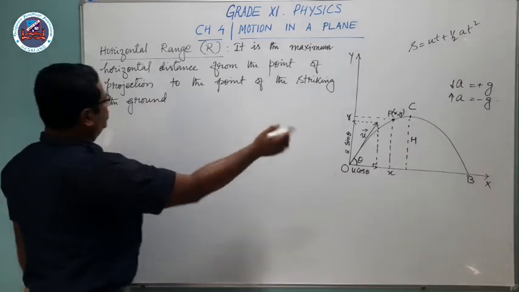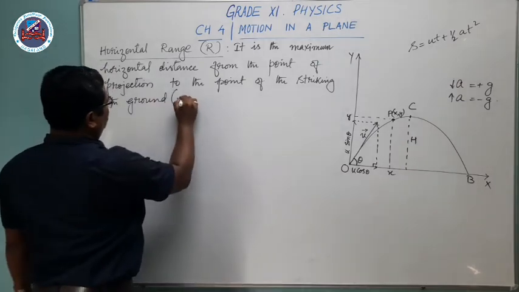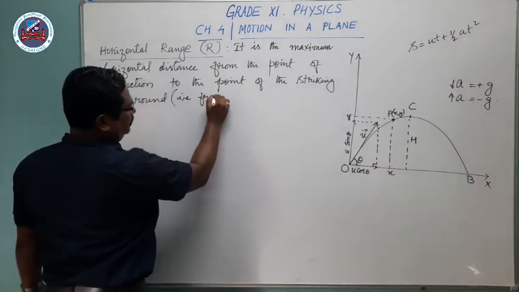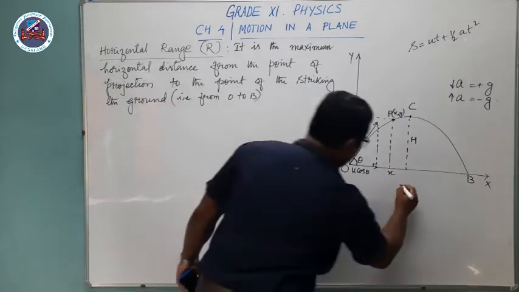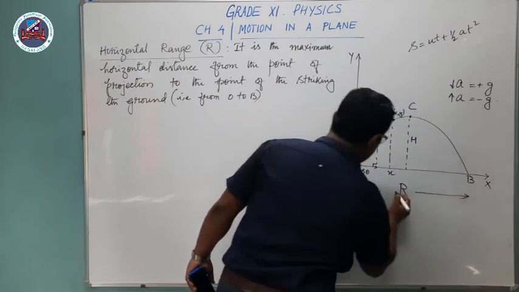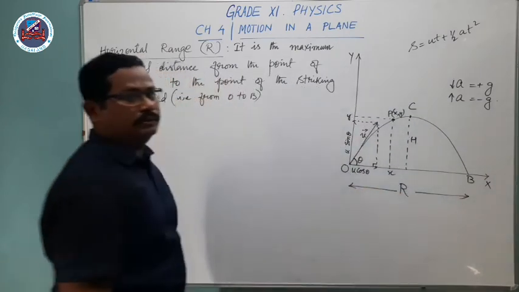That is point B, that is from O to B. This is your horizontal range. OB is called the horizontal range.